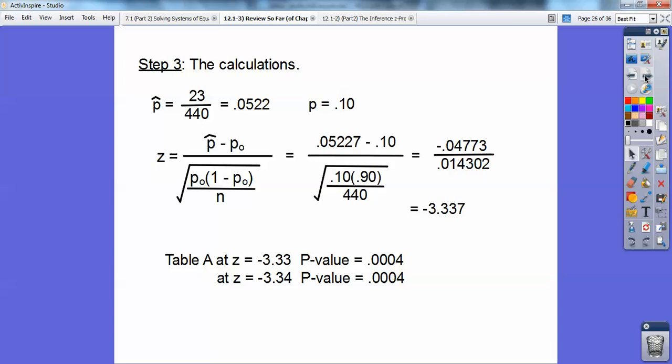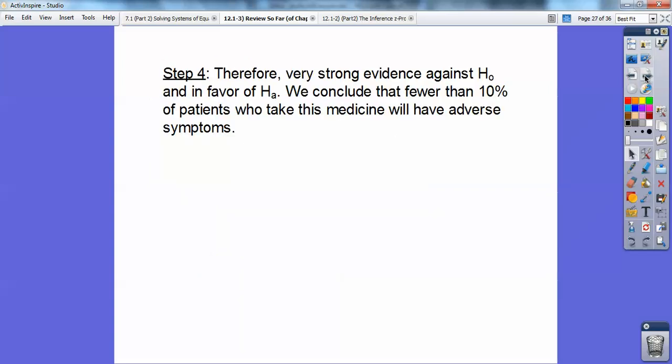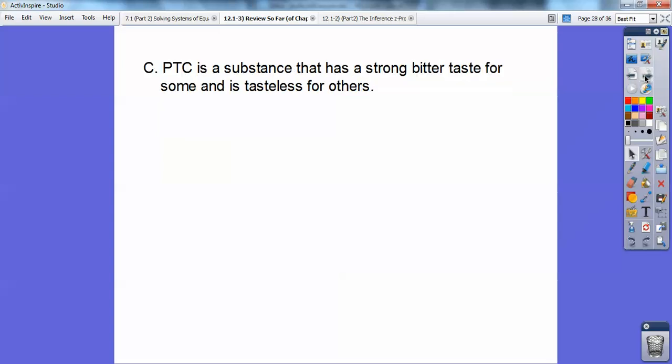So it's 0.0004, which is much less than 5%, which is 0.05. Some of you guys have struggles remembering what 5% means. It's 0.05. So interpret our results. Therefore, we have strong enough evidence, very strong, against H0 and in favor of your alternative hypothesis. So we can conclude that fewer than 10% of the patients who take this medication will have adverse symptoms.